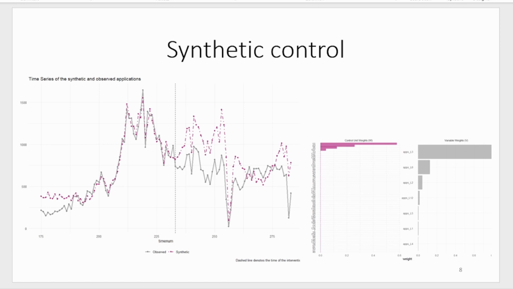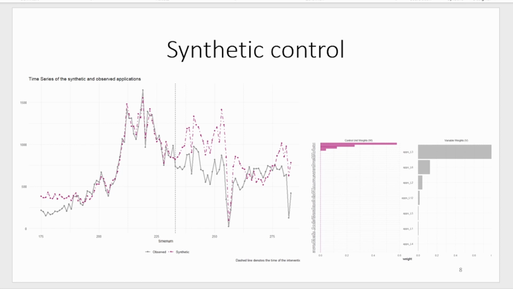And then the variable weight. In this case, we're actually running an autoregressive estimation, so it's using the lag of applications in previous months. We're planning on doing it with data on drivers, but I will mention that later. So this is the way the approach works.